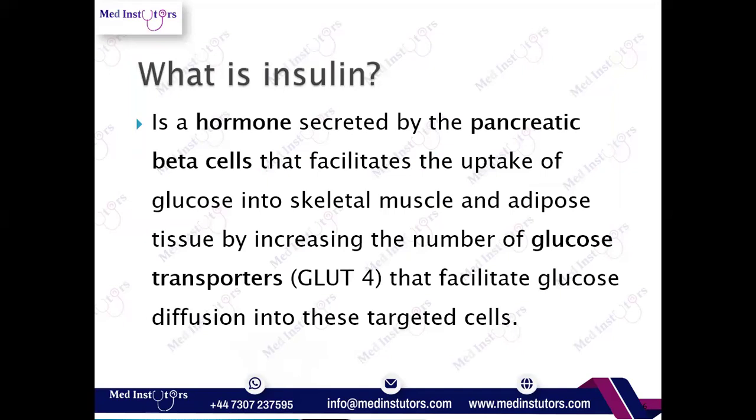And this insulin facilitates the uptake of glucose into skeletal muscle and adipose tissue by increasing the number of glucose transporters, especially the GLUT4 glucose transporter, that facilitate glucose diffusion into these target tissues. So that is the function of insulin.